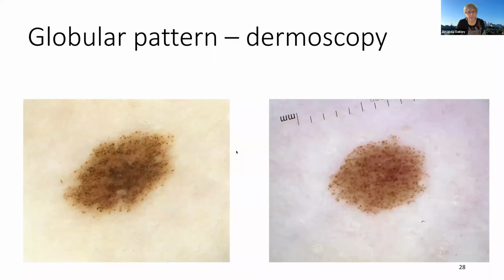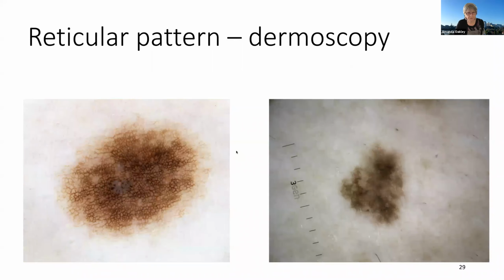A common pattern, especially in childhood, is the clod or globular pattern, where there are lots of mainly roundish structures. There can be additional features, and the one on the left we can see some reticular pattern, but that's not present in the one on the right.